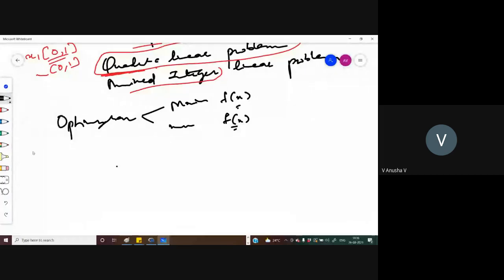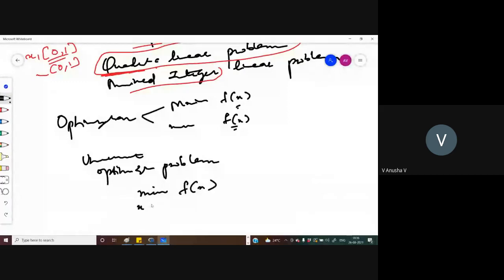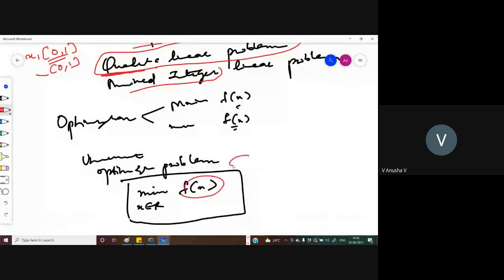Now in univariant optimization problem, I have this function called minimum f of x, x belongs to R. So this is a univariant optimization problem. So f of x is called as objective function and x is called as decision variable. And I can say that this is minimum.